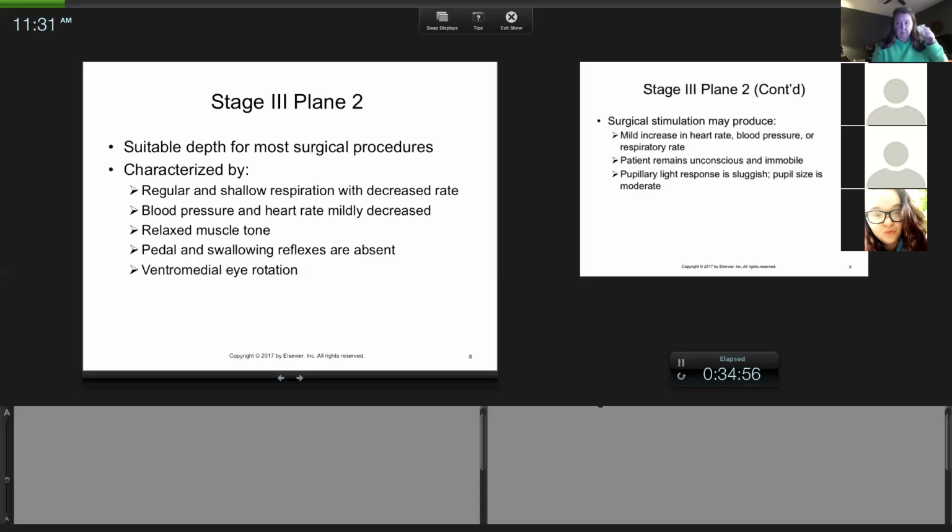See what I checked right after induction? You have no jaw tone, your eyes are already central, you're pale, you don't feel good pulses. Everything was pointing to what is going on. Because I know what a dog's jaw should feel like after induction, that was the first thing that triggered me: his jaw was super loose.